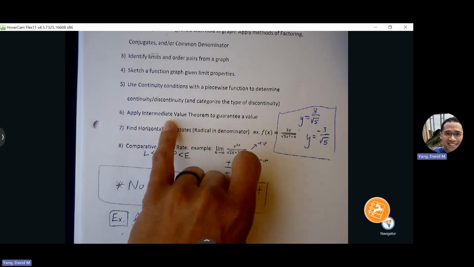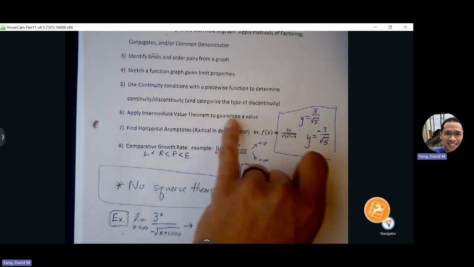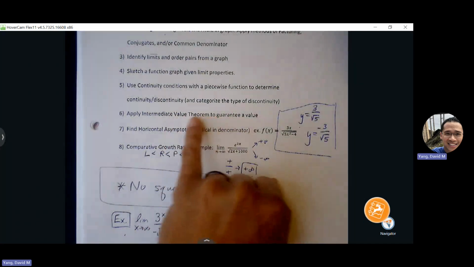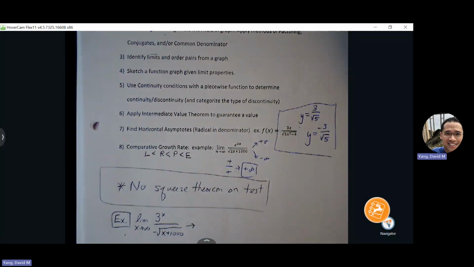Some of the more recent ones, applying intermediate value theorem. I have another problem like that on the morning review on the very last page, I think 27 to 30. So make sure you practice that, know the notations and the justifications that are required.